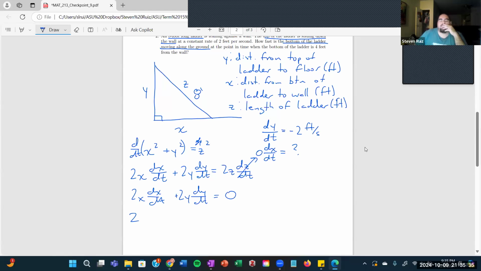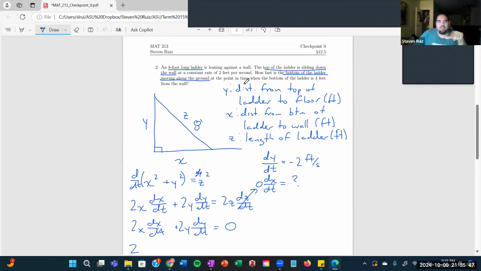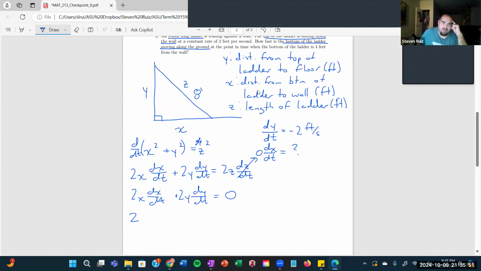Do I know what x is? x stands for how far the bottom of the ladder is from the wall at some time. When the bottom of the ladder is 4 feet from the wall, it sounds like I do know that x is 4 feet. What is dx/dt? Well, we don't know. That is actually the goal here. I want that.